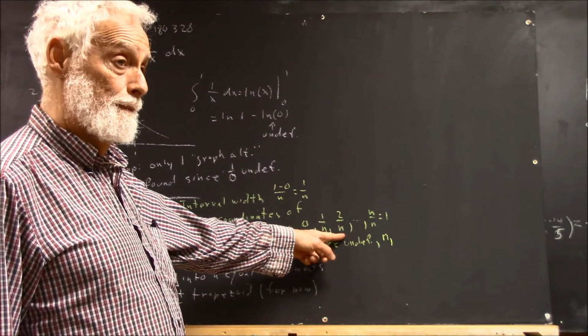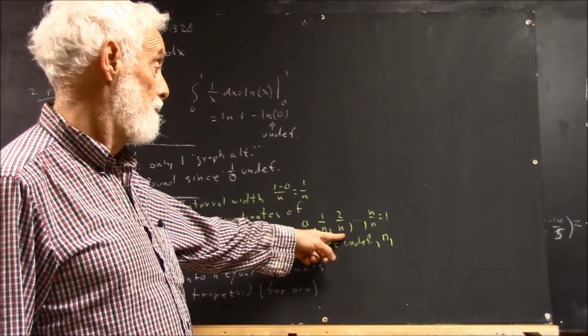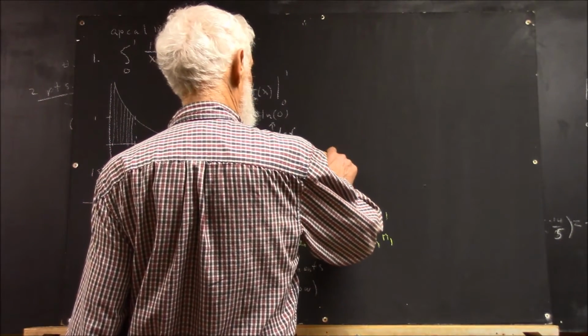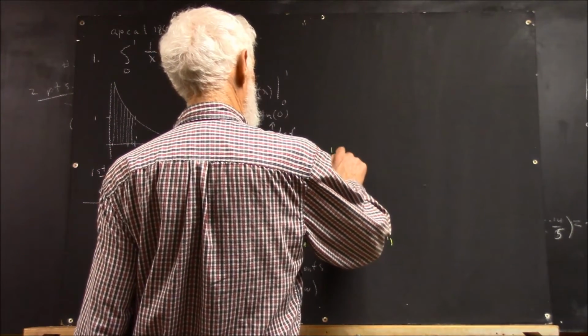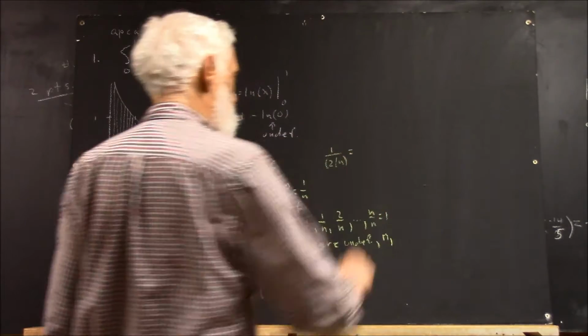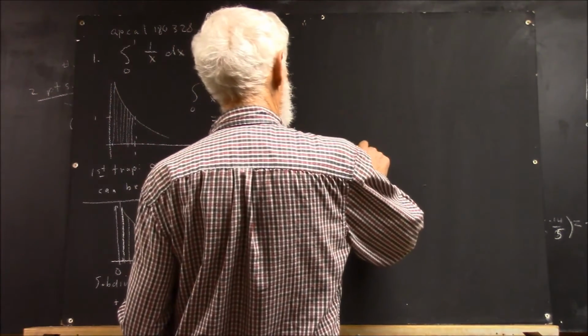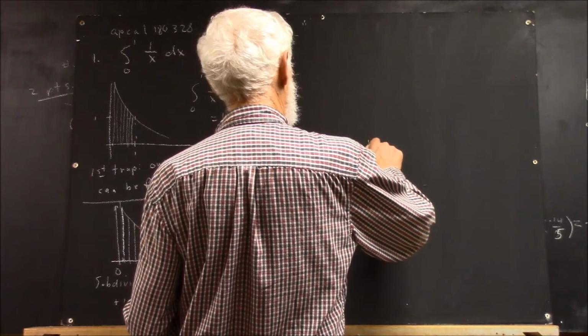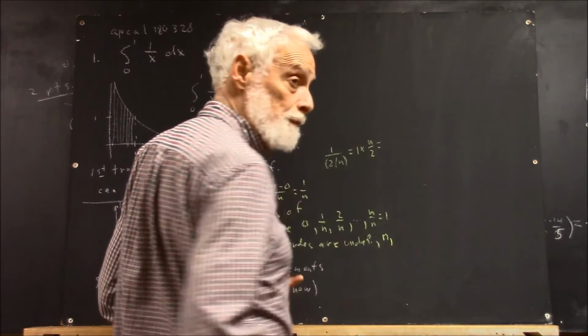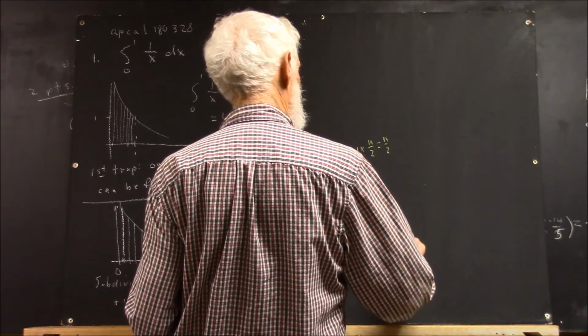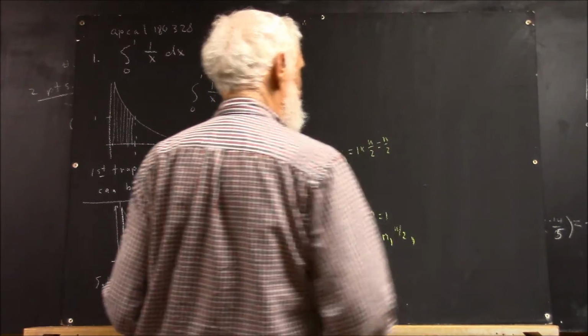Would that just be n again? How do we do this? It's 1 times n over 2. So it would just be n over 2.